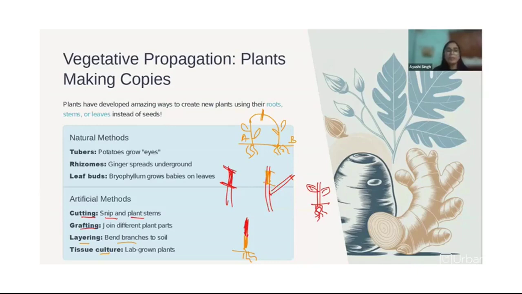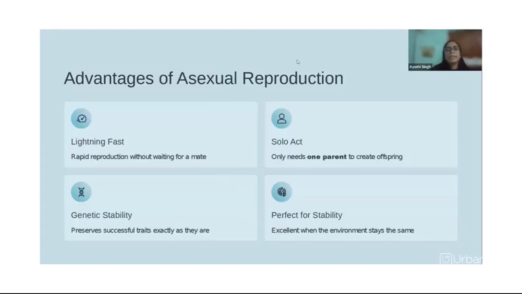Okay. So what are the advantages? Why is asexual reproduction important, or what exactly does it give us? It is lightning fast. That means it is happening at a very high rate. Okay. Then there is the solo act. That means only one parent is required. There is no need for two parents. Genetic stability.